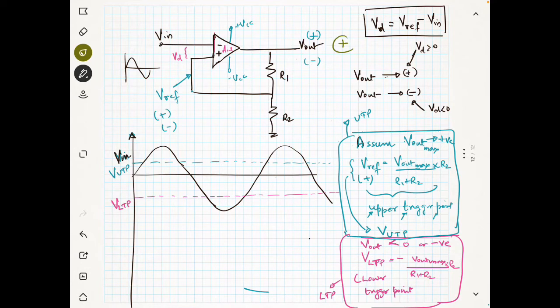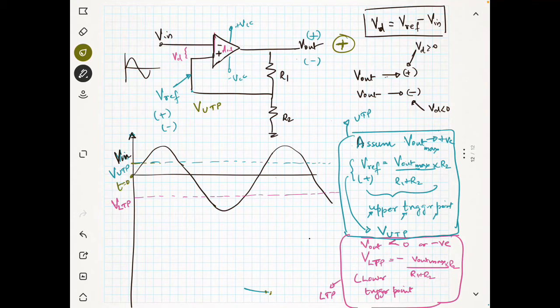Assume that the output was positive. If the output was positive, what will happen to this voltage V reference? Now V reference will be the upper trigger point if the output is positive. Now what is happening here? Output was positive and this is your reference voltage. Now you see here your input voltage at t equal to 0.